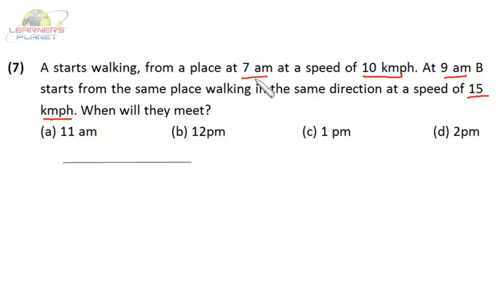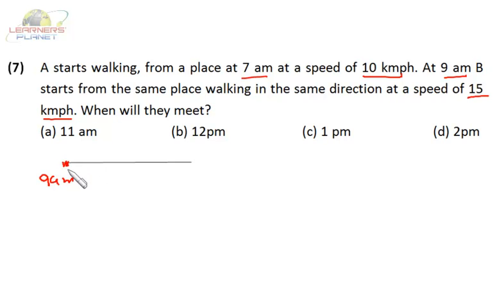Now A is starting at 7 a.m. and B is starting at 9 a.m. That means before B starts, A might have walked for 2 hours, and his speed is 10 km per hour, so in 2 hours he might have walked 20 kilometers. Suppose it is 9 a.m. now, and this is the place from where they are starting.